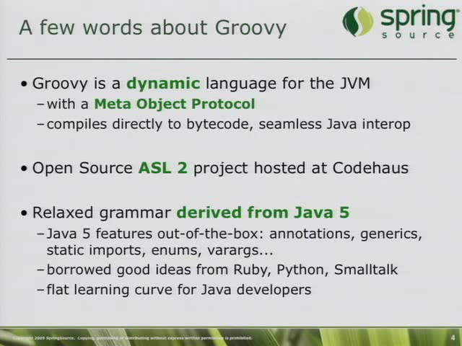And one of the design goals when we worked on Groovy in the first place was that we wanted Groovy to be a language for Java developers mainly, although it's not just for Java developers, obviously. But the idea is that we wanted to have Groovy be as close as possible to Java.